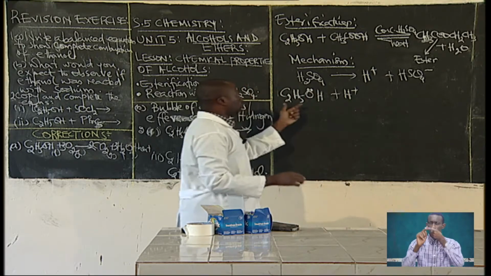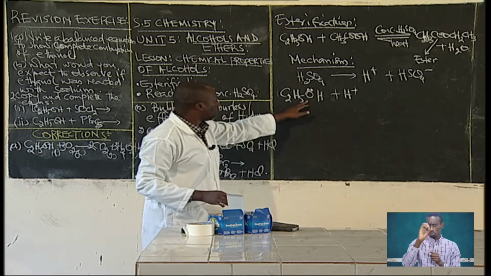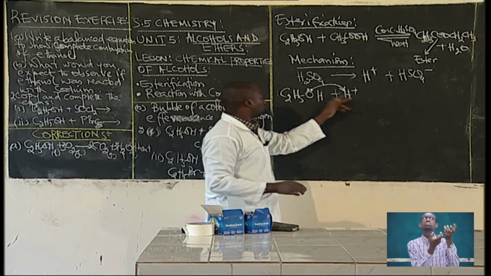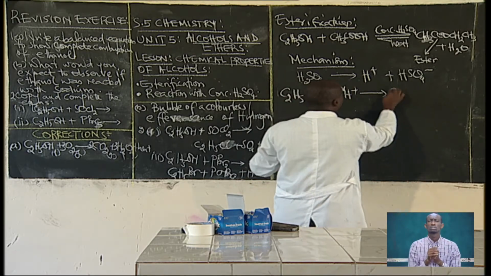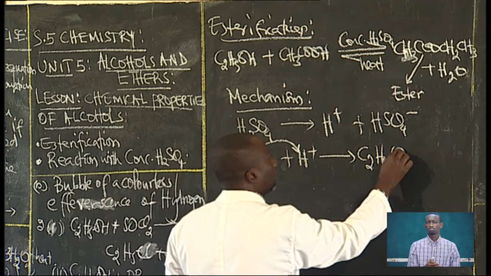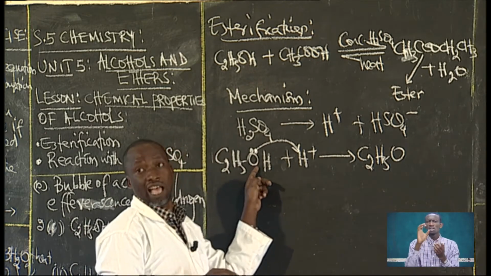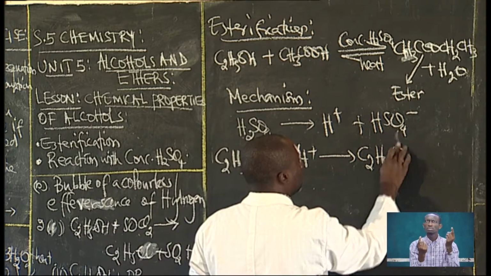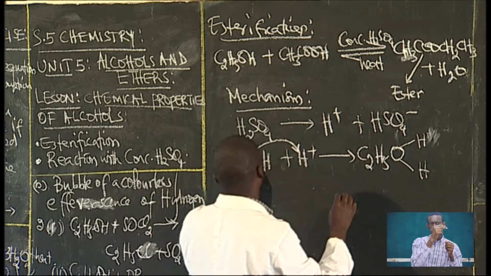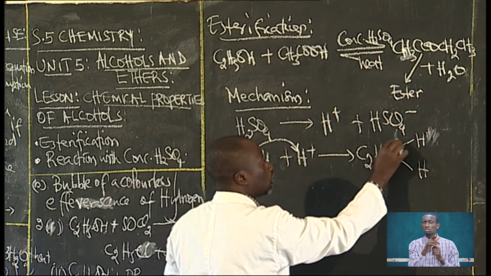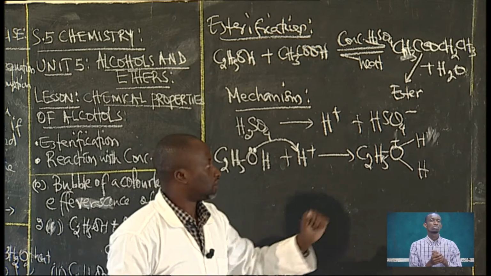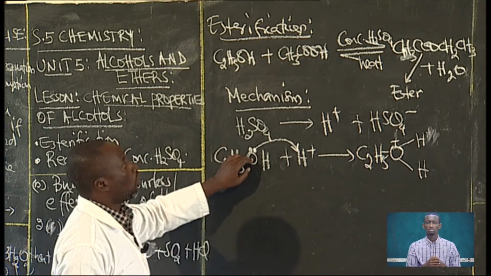The lone pairs on the oxygen of the alcohol attract the hydrogen proton, and it will form this product, C2H5OH2 with a positive charge. This oxygen, which has attracted the hydrogen, forms a partial positive charge. So in this case, we will have the alcohol being protonated.